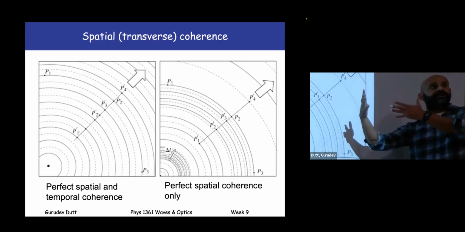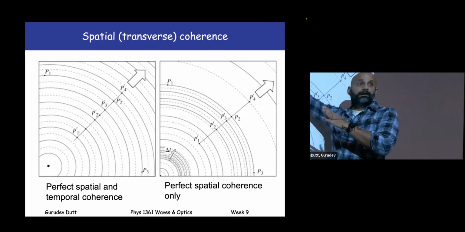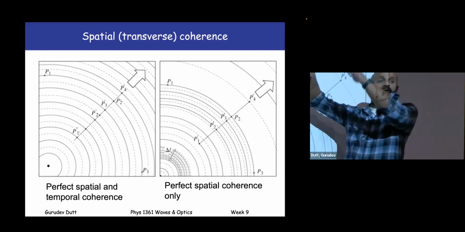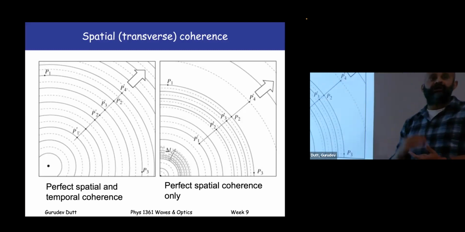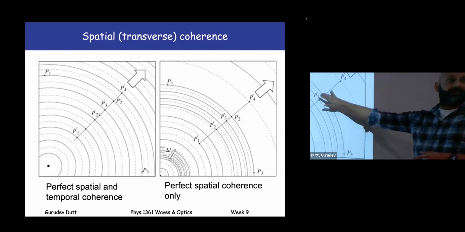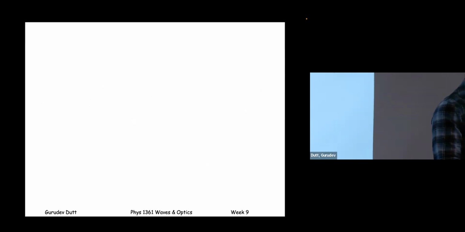But once I start introducing other wavefronts in there, now the phase at P1 is a sum of all the waves from all the other sources at P1. And these guys are all fluctuating with respect to each other. So now P1 itself has a very random wavefront at it. And similarly, P2 and P3, that phase relationship between them is going to get messed up very quickly. Okay? That's the basic intuition for it.